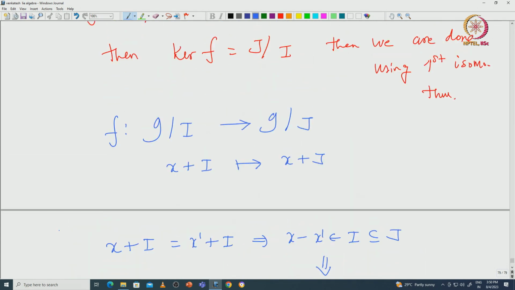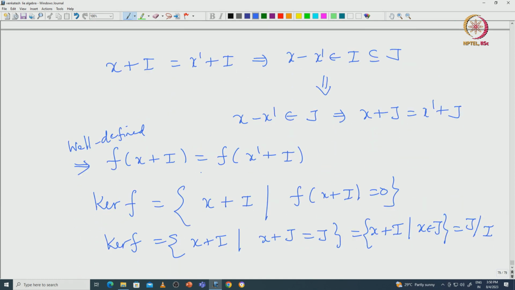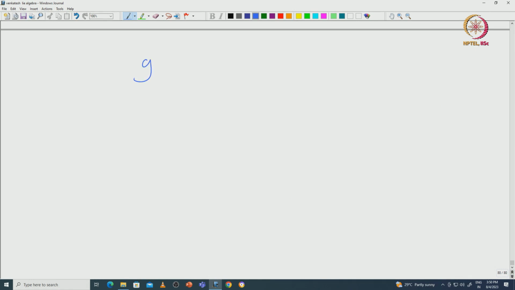So, that means G modulo I modulo the kernel will be isomorphic to the image. This is obviously surjective, because given any x plus J, you have x plus I as a pre-image. So, that implies that G modulo I, modulo the kernel, which is J modulo I, is isomorphic to G modulo J. Okay.